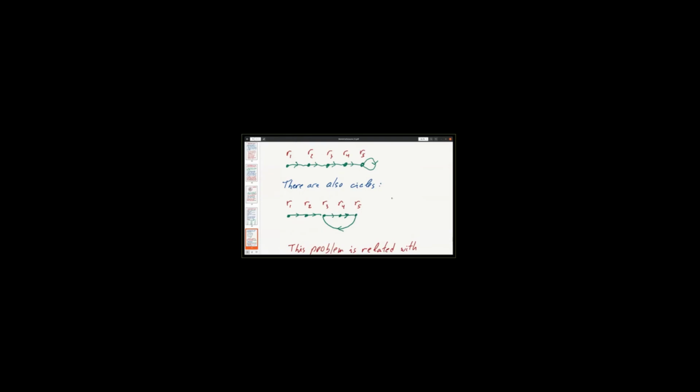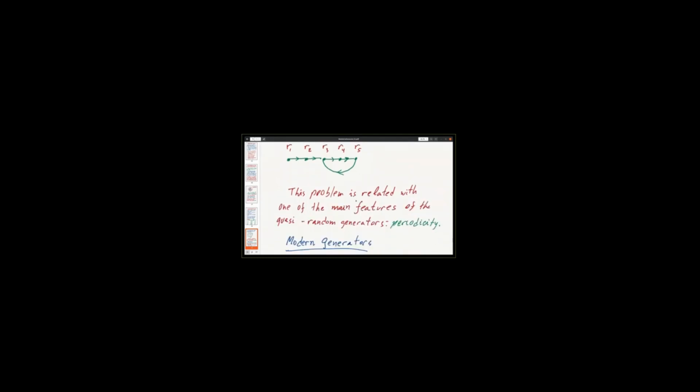And this limits the reach of the series that you can get with methods like this. So this is a problem in random number generation, and one of the main features that we have to be aware of in random number generators is the periodicity of the numbers of the series.